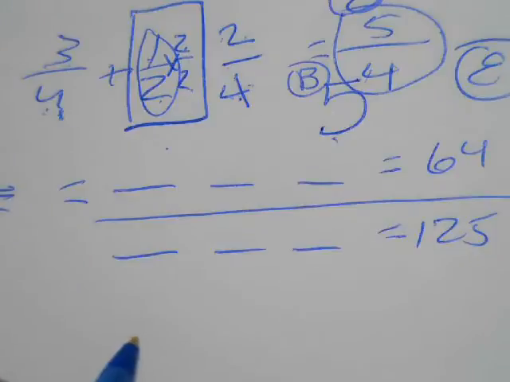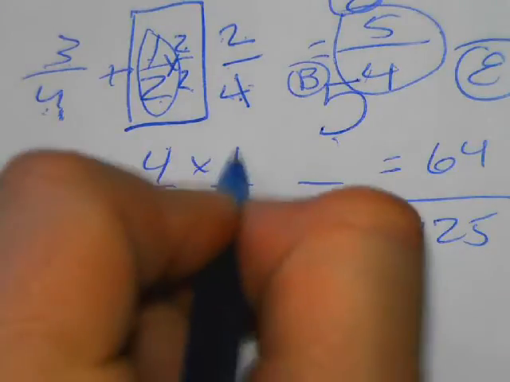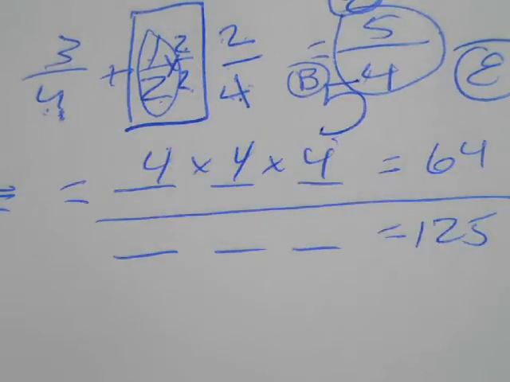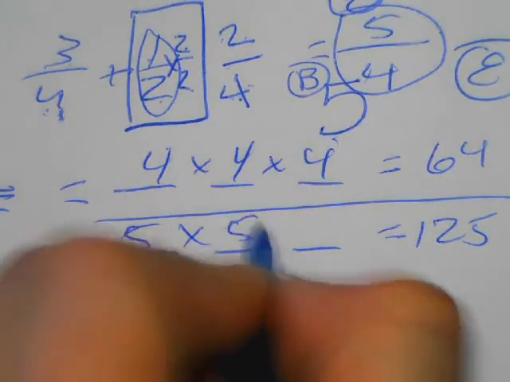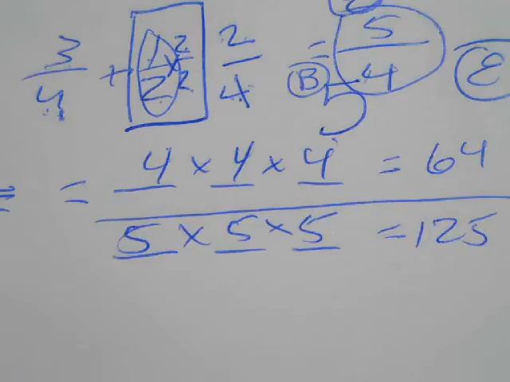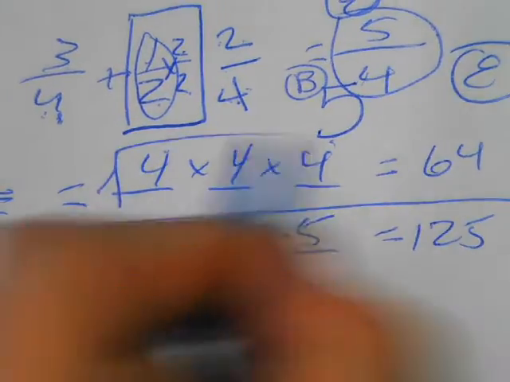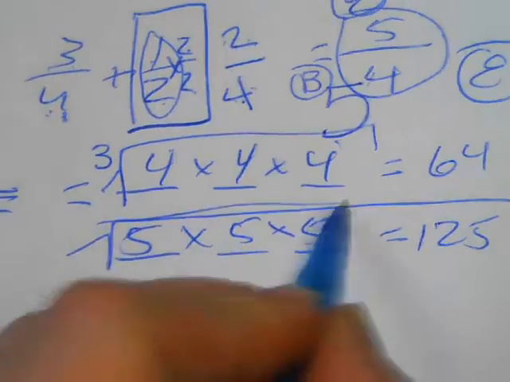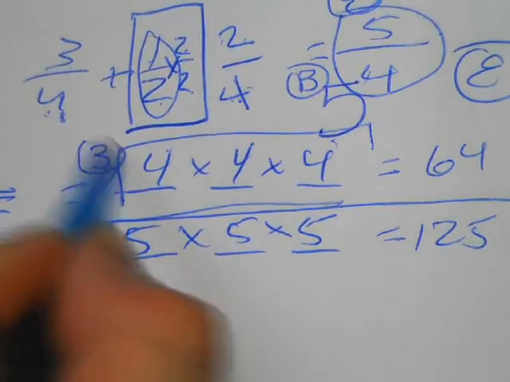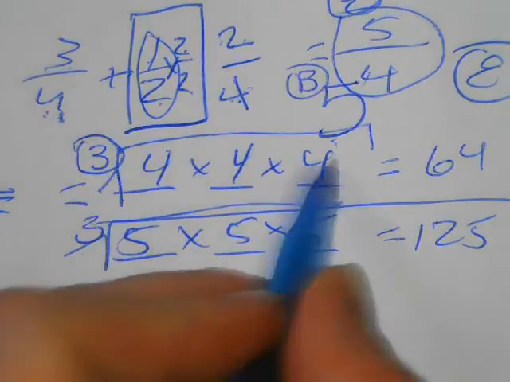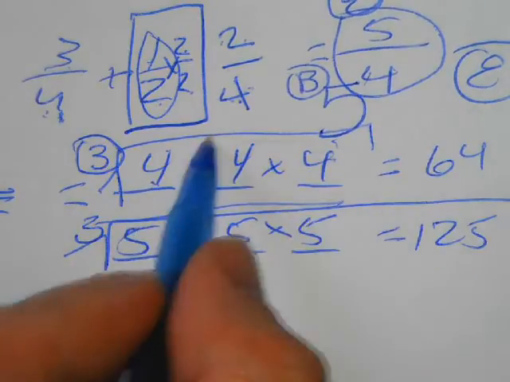So we know that 4 times 4 times 4 is 64, and 5 times 5 times 5 is 125. Because I'm looking for that cube root, I need 3 of the same factor to be able to simplify. And I've got it here with my 4.